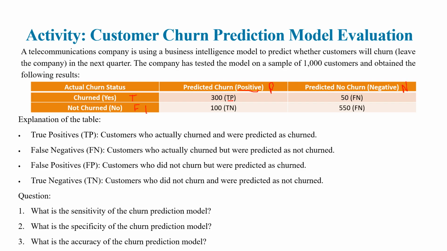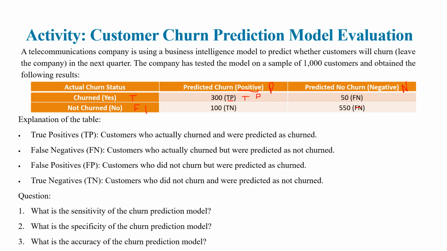False negative, and true negative. Okay, so I'm writing here again because I think there was a typo issue. Sorry, I'm using the mouse for this. So this is TP, true positive.